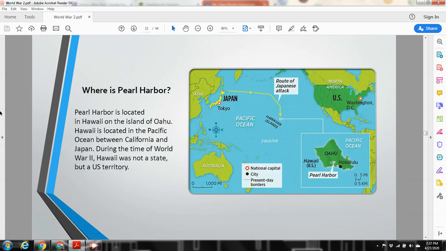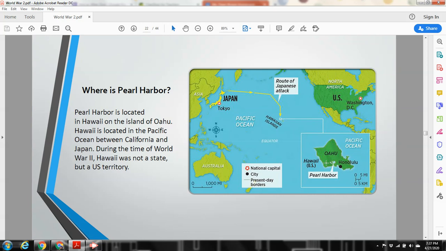Now, where is Pearl Harbor exactly? Well, Pearl Harbor is located in the state of Hawaii. Now, here is my little mouse. Here is the United States. Okay, this is DC, right here between the D and the W. Now, Hawaii is all the way right here. That's Hawaii.